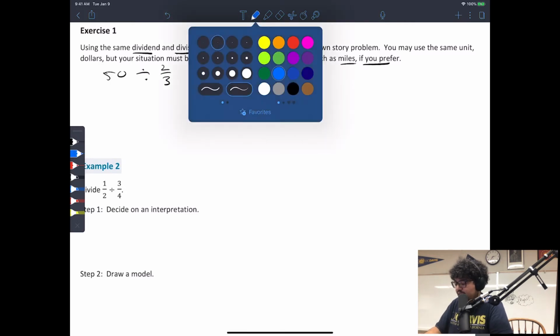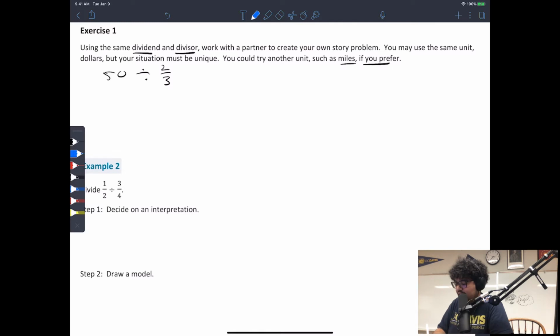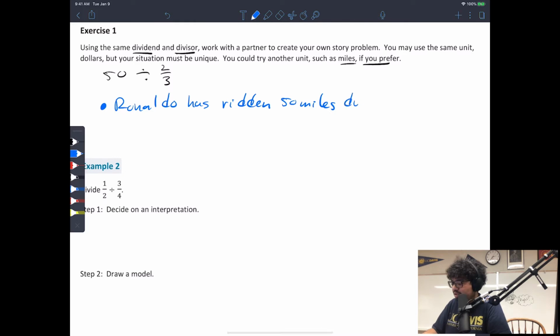So then we can say something like, this is an example here. Ronaldo has ridden 50 miles during his bicycle race, and is 2/3 of the way to the finish line.